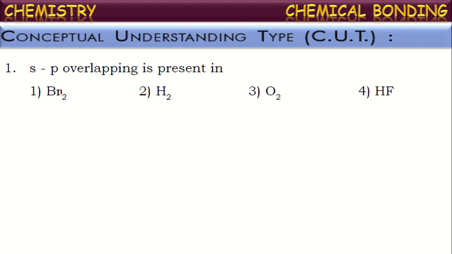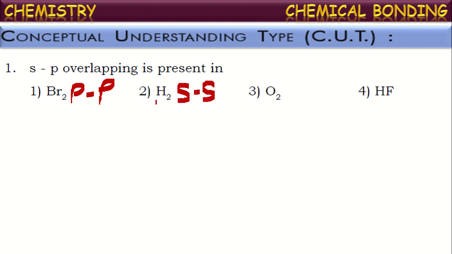If you observe here, in the bromine molecule, both the bromine atoms contain half-filled p orbitals. So when these two atoms bond together, they overlap their p orbitals. So you can say here pp overlapping in case of the bromine molecule. If we see the hydrogen molecule, each hydrogen atom has a half-filled s orbital.